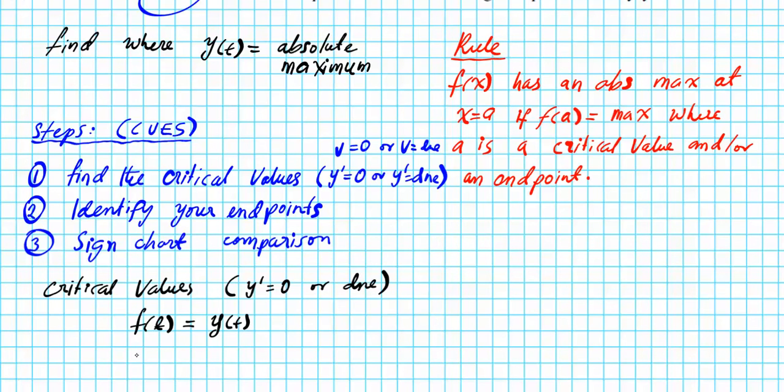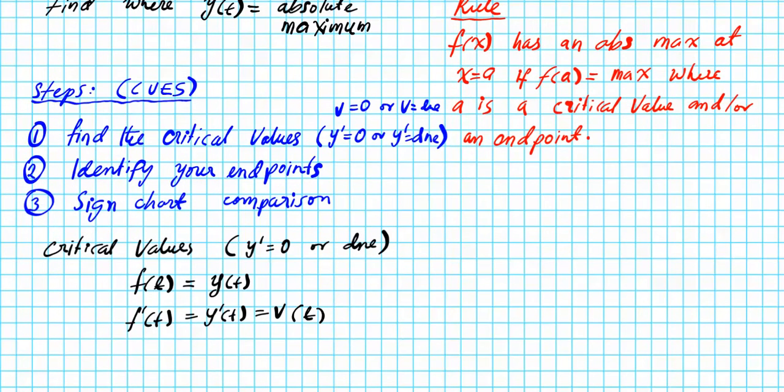So the derivative, y prime of t, is going to be our velocity function. Whenever you're looking for the critical values of a function, you differentiate the function and you set it equal to 0.